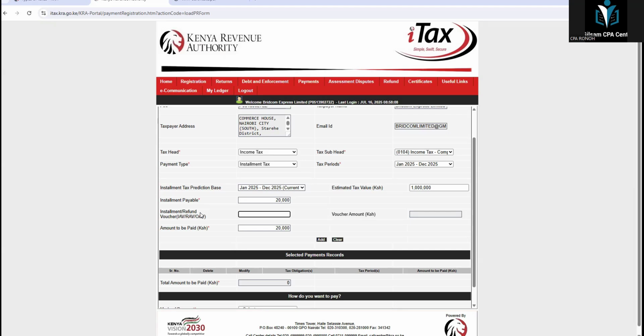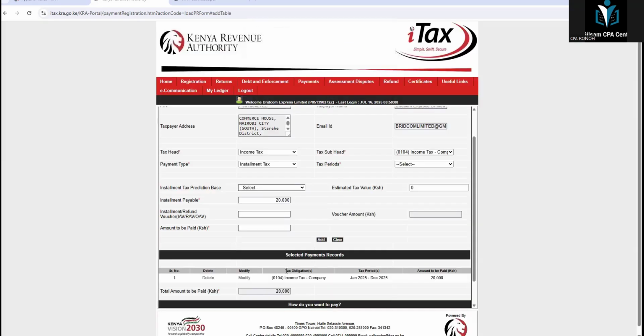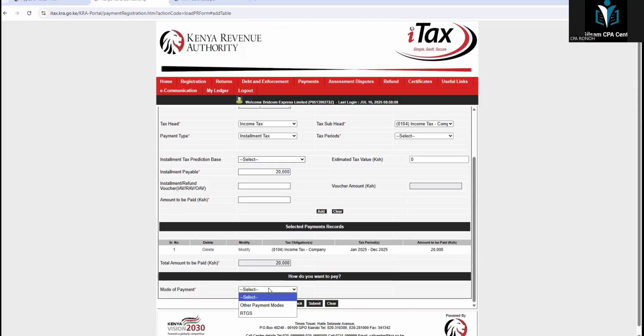They will deduct it automatically when you file your income tax. So before you file, you have to put that credit forger number, then submit. Then come back and do the installment. You just need to click add, and you will get the installment. Just select this and submit. So that is for the installment tax.